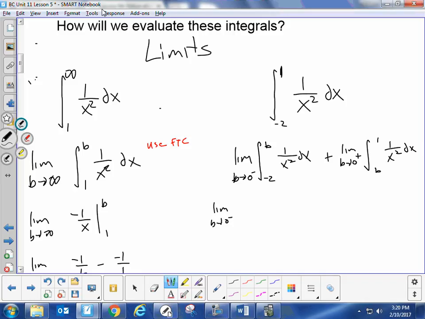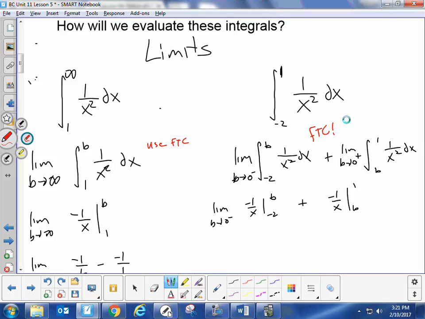Again, we would have the fundamental theorem of calculus that we can use to help us. This would be -1 over x from -2 to b, plus this will be -1 over x from b to 1. I split it into two different integrals that surround my vertical asymptote.